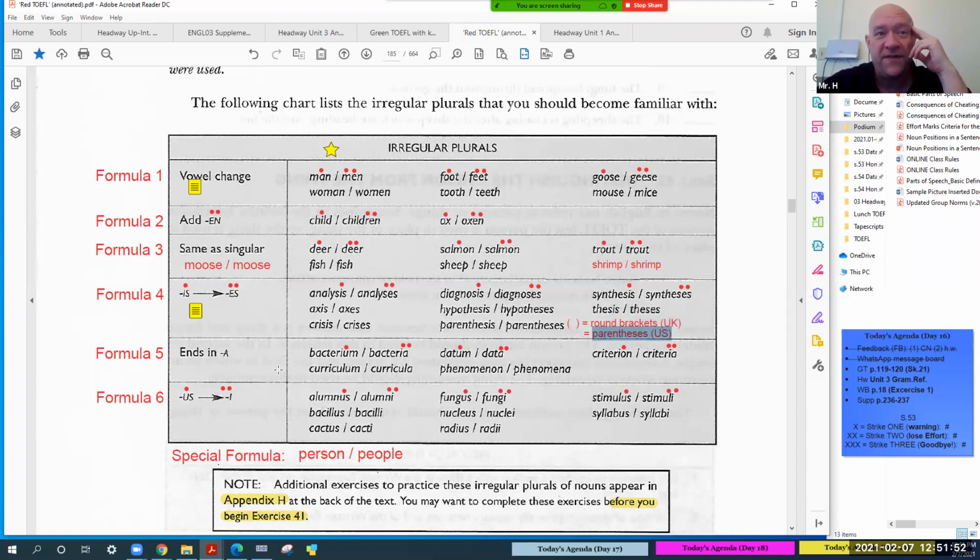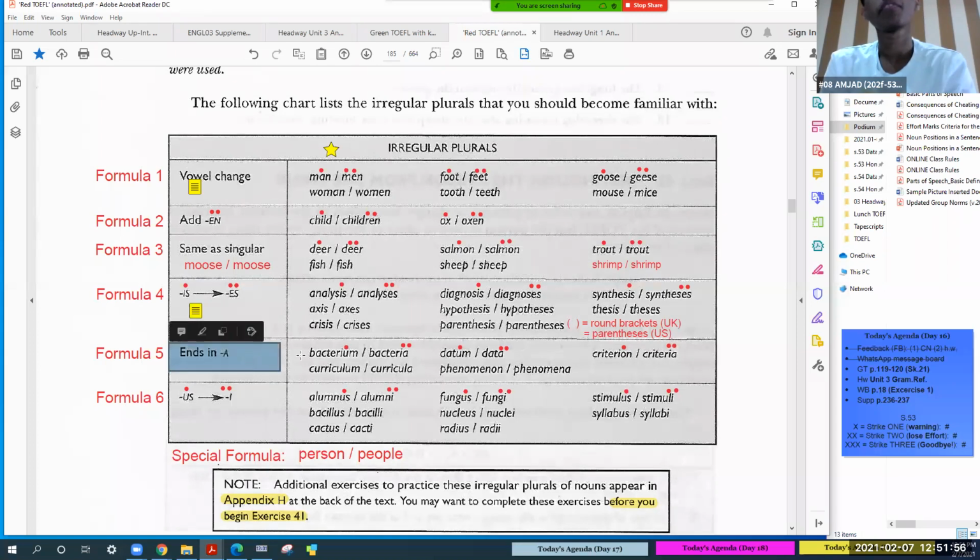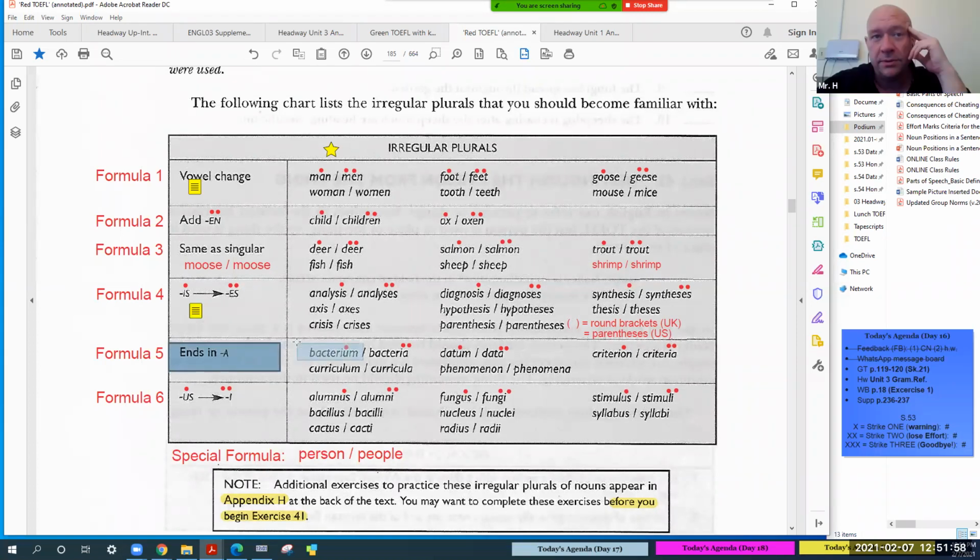Amjad, Formula 5. It ends in UM and changes to A. Okay? Example? Bacterium, bacteria. Curriculum, curricula. Yeah. Abdul Majid.